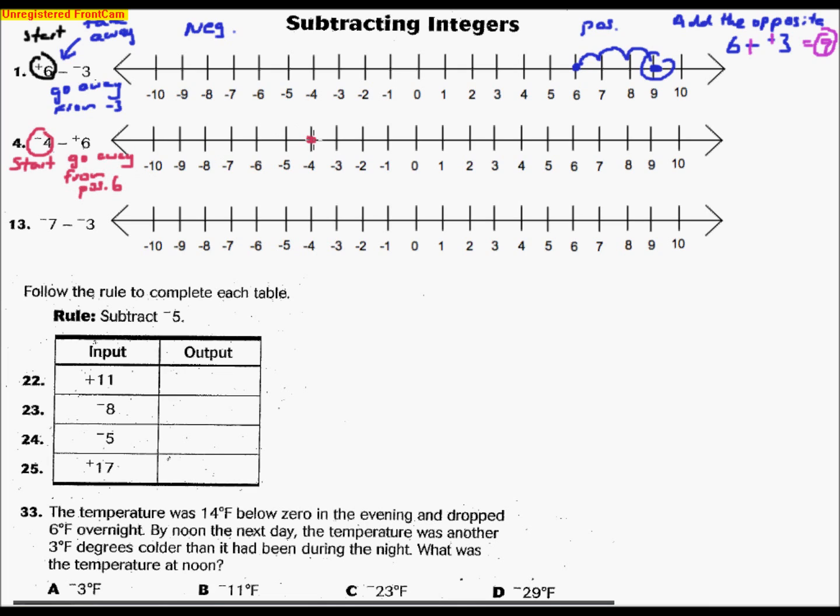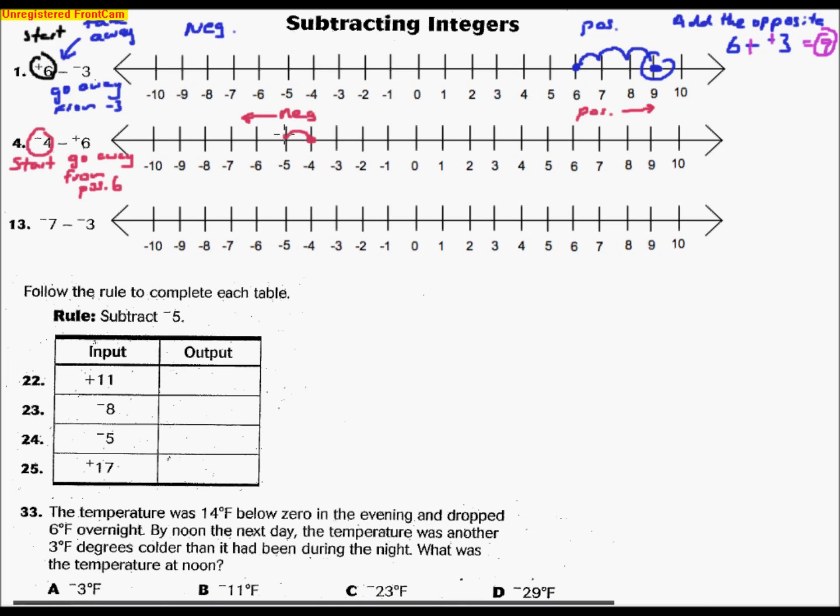The positive direction is out in this direction here. The negative direction is off in this direction. We are going away. That's what this minus sign means. Go away from the positive 6. So that means we're going in this direction.